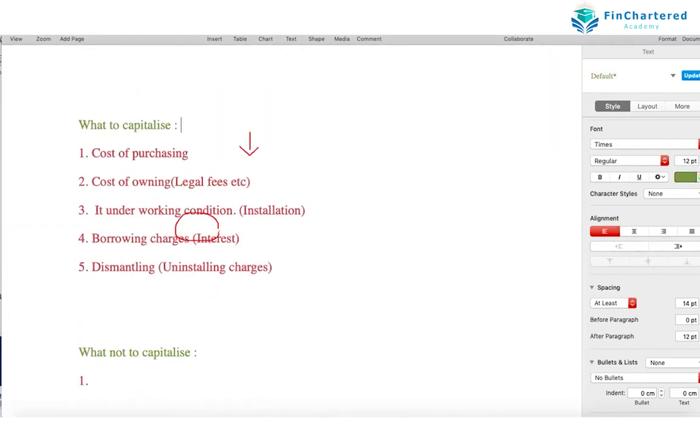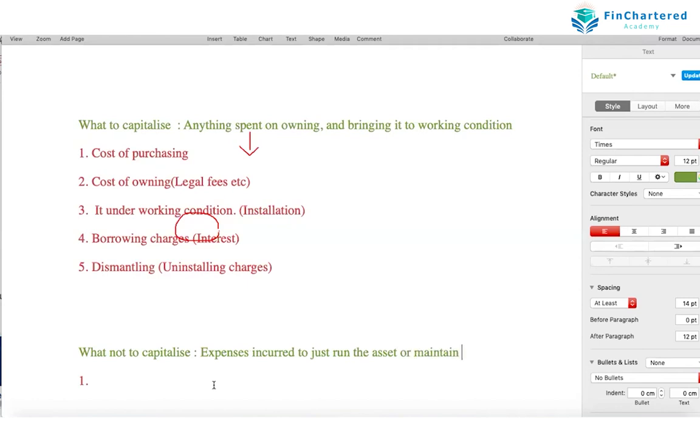What to capitalize? You will capitalize anything spent on owning and bringing it to working condition. But there are certain expenses incurred just to run the asset or maintain it that will not be capitalized. Are you understanding?